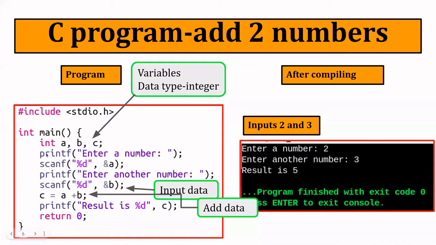Then the printf, enter a number. It will print enter number. Here you can see enter number. You have to enter any number. Here I have entered 2 for the first number.